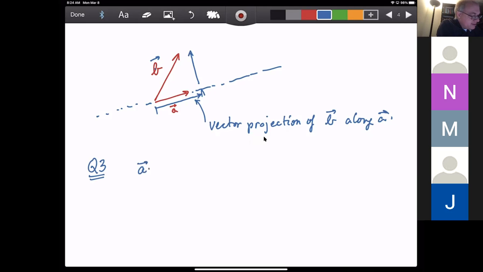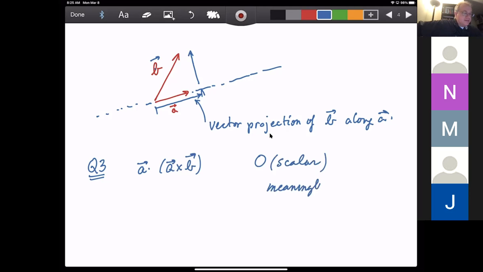So if we have A dotted with A cross B, and we have to choose from 0 scalar, meaningless, or 0, 0, 0. Let's think about this. And we're told that the vectors A and B are not equal to the 0 vector, and they lie in R3.